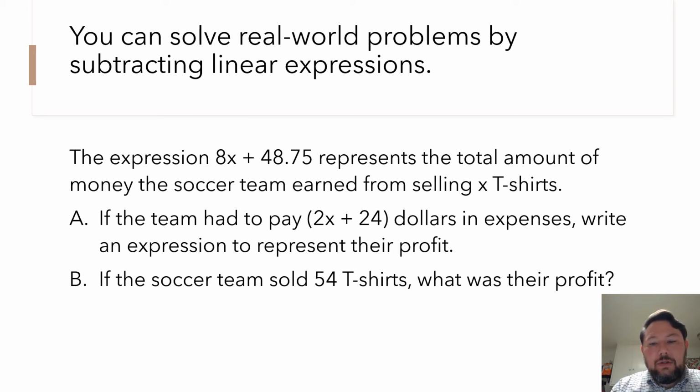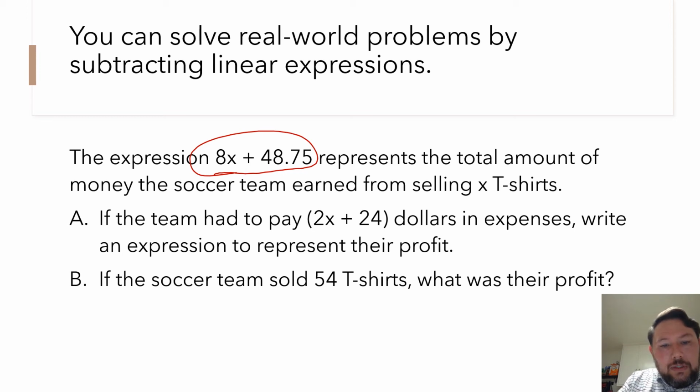So we have to ask ourselves, what was total revenue? How much total money came in? And that is given to us by this expression up here. So our total amount of money that came in was 8x plus 48.75.